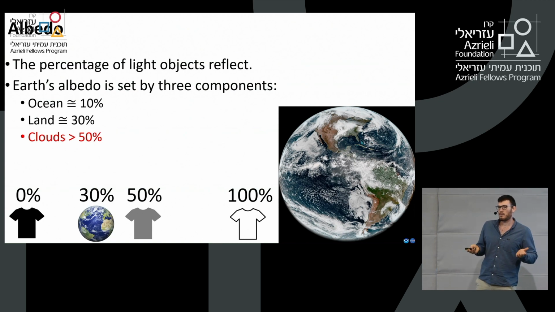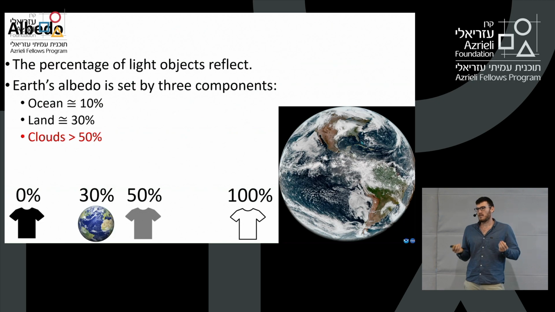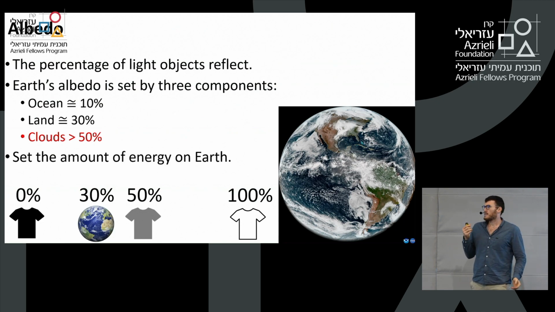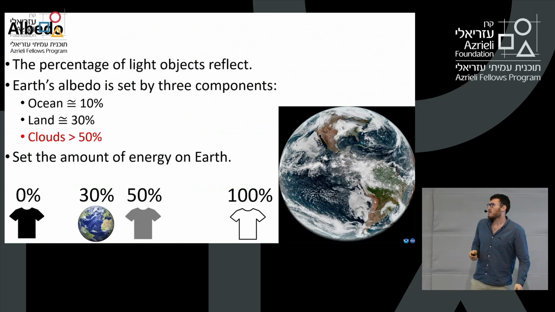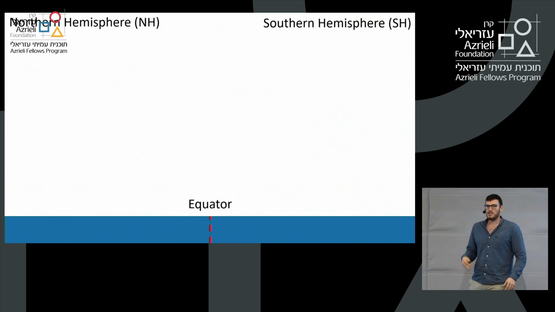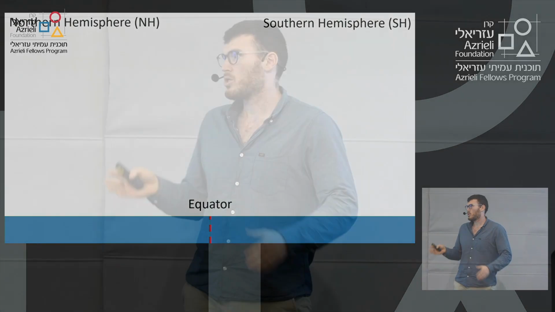So why do we care about albedo so much? This has to do with the fact that sunlight is the source of energy of weather. Therefore, the albedo of Earth almost completely controls how much energy the weather has. So in my research, I compared the albedo of the northern hemisphere, which is everything from the equator northward, and the southern hemisphere, which is everything from the equator southward.